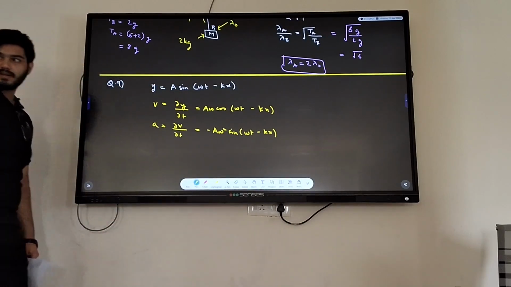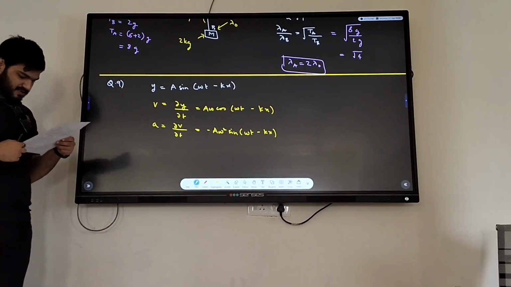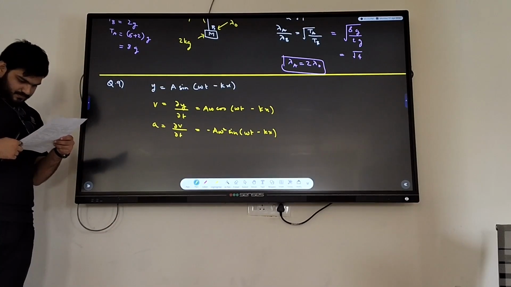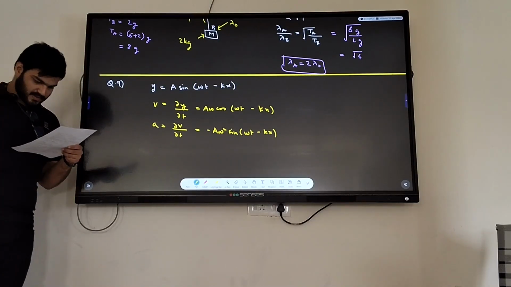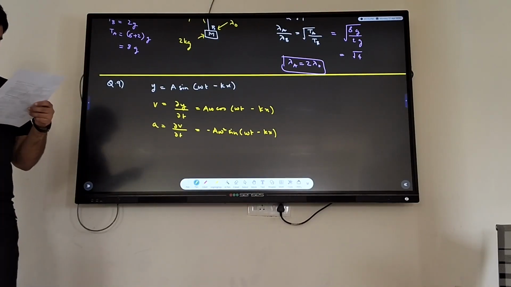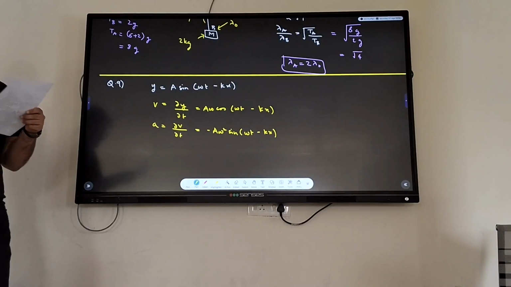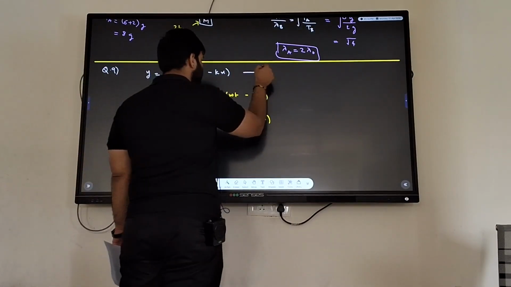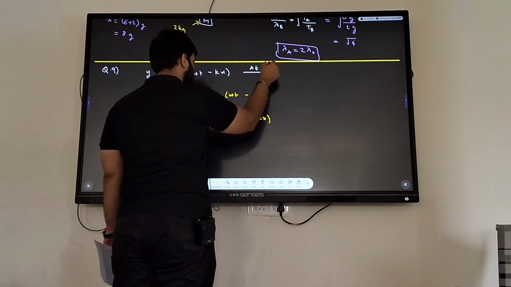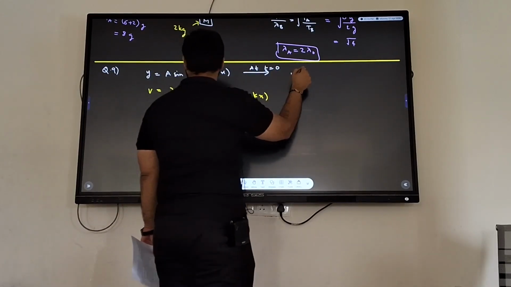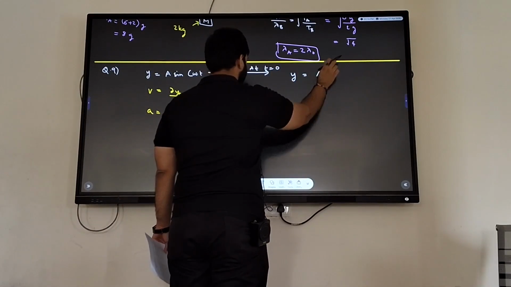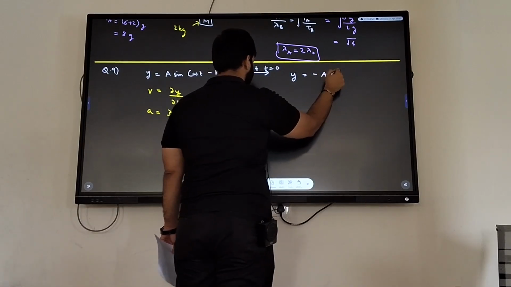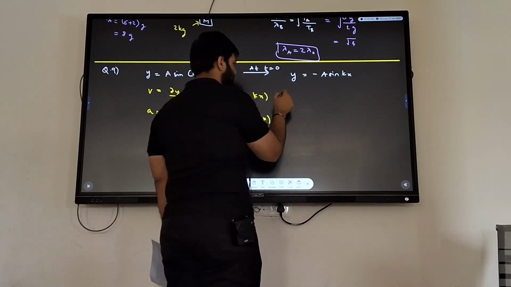Yes, correct? Now they have given some points. Consider the following points for a particle at each of these points at t equal to 0. So at all those points I should assume t equal to 0, na? At t equal to 0, what is my y? That's minus a sin kx. Is this correct? Please check.